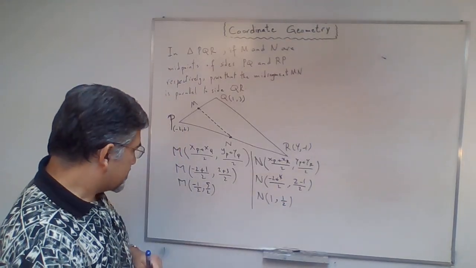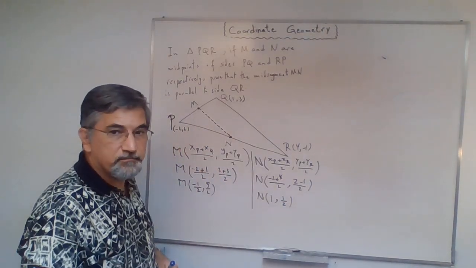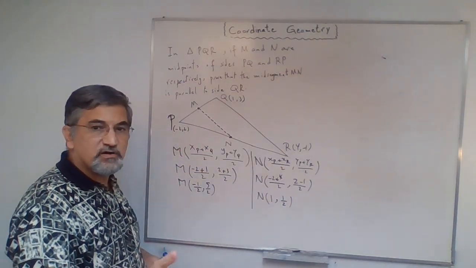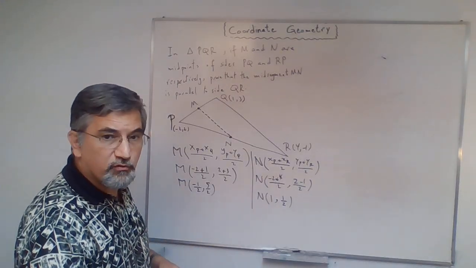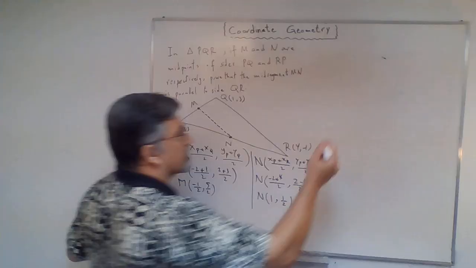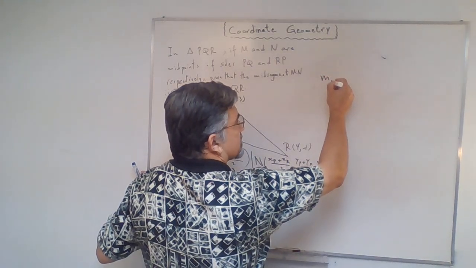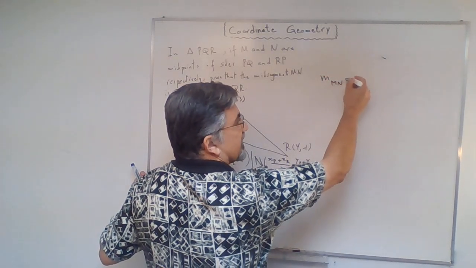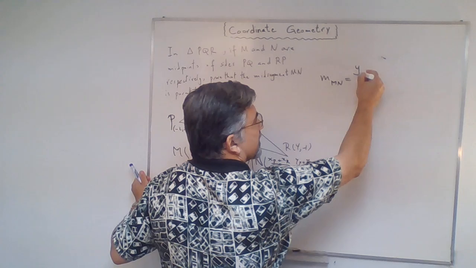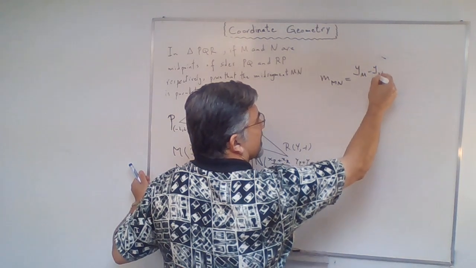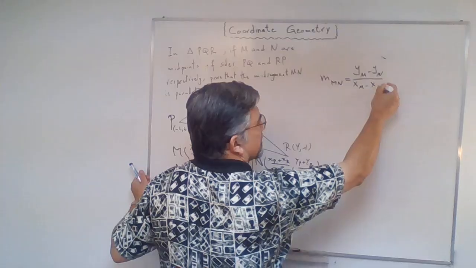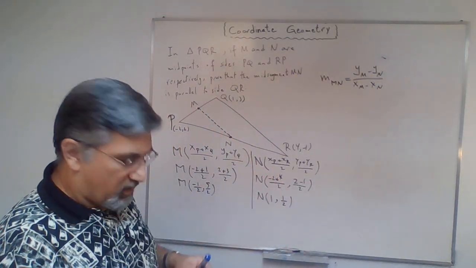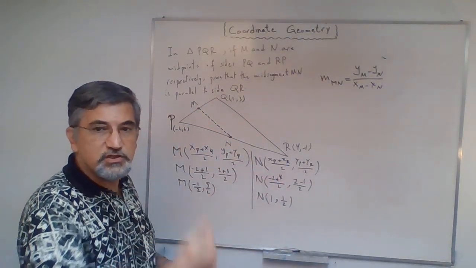Okay, so now that we found the coordinates of points M and N, now we can find the slope of line segment MN using the slope formula. So slope formula, if you recall, slope of line segment MN would be y of M minus y of N over x sub M minus x sub N. Rise over run, changing y over changing x.